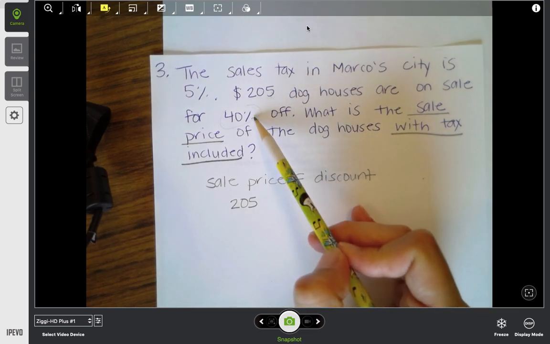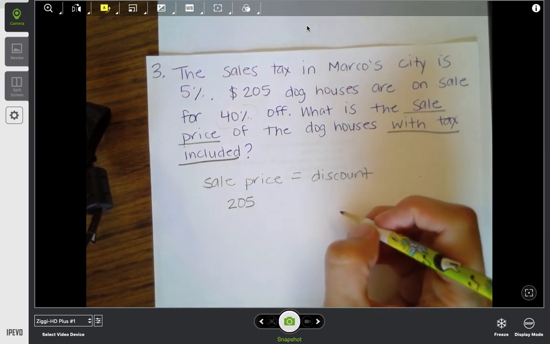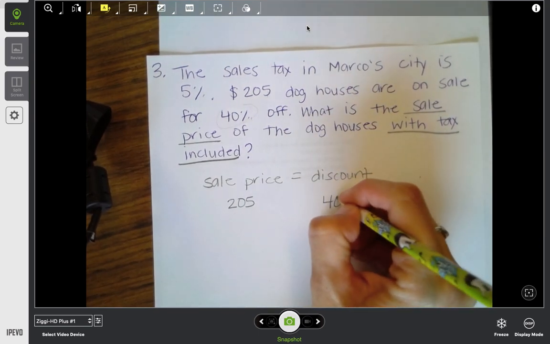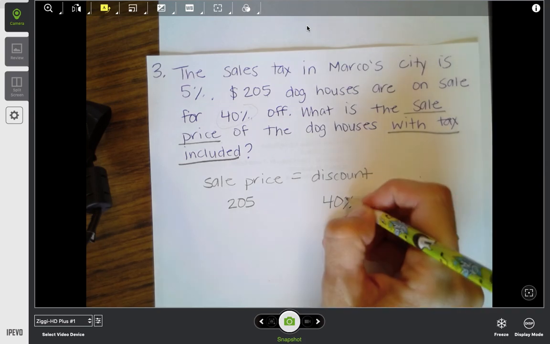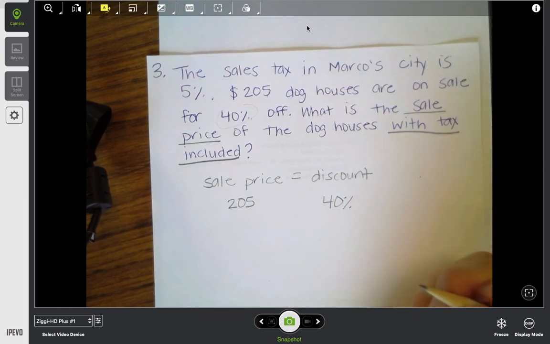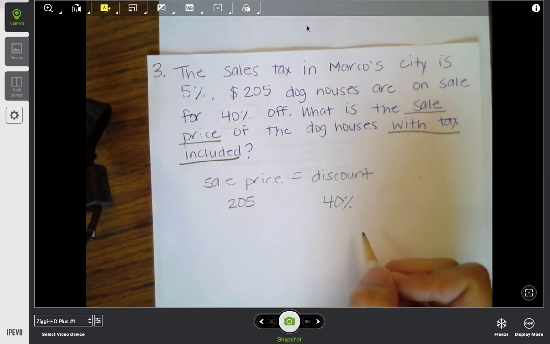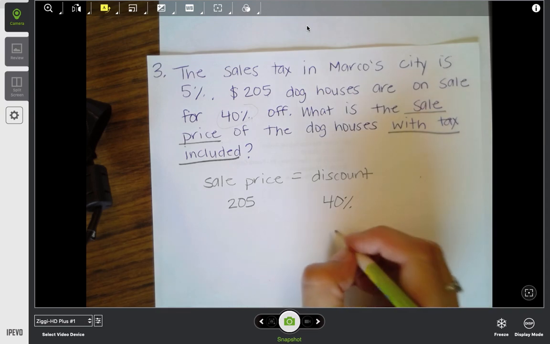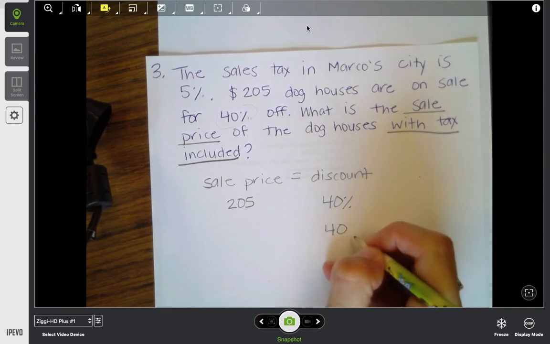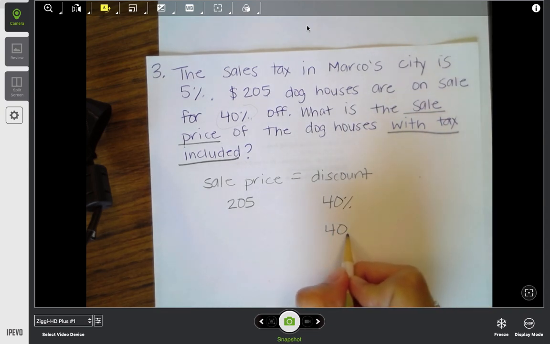So here's my percent. And you know that when we're working with percents, to make it a number that we can work with, we've got to move the decimal 2 places to the left. So in this number, my decimal would be right here.